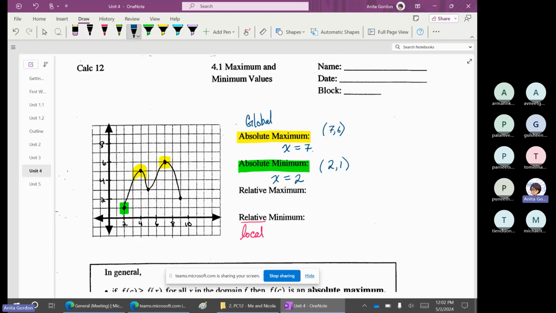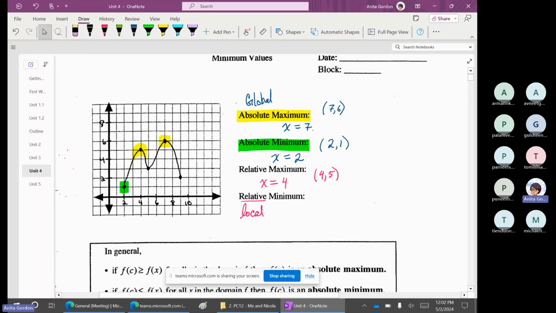And it occurs at the coordinate. I'm going to change my pen color here. It occurs at the point (4, 5). So the location is where x is 4. We have a local maximum. So it's a max relative to where it is. And in terms of a minimum, there's one here.